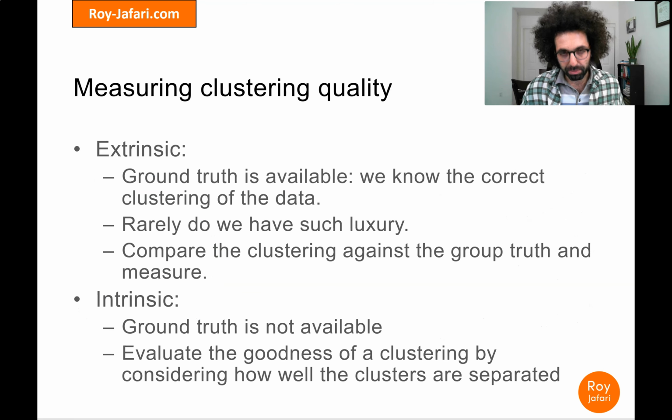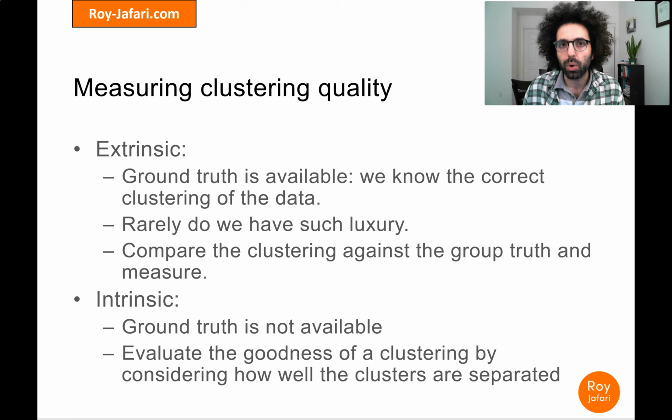There are two approaches, two ways to look at this. You don't have the luxury of being able to use both of them. If you can use the extrinsic one, it's actually great. The extrinsic way of seeing how well your clustering has done is only possible when you have a ground truth.